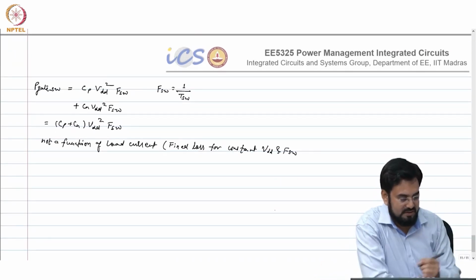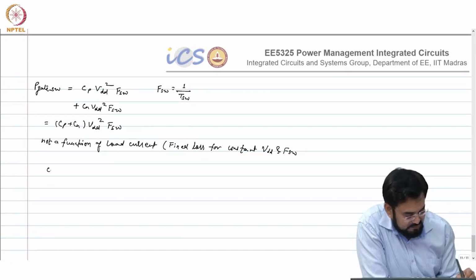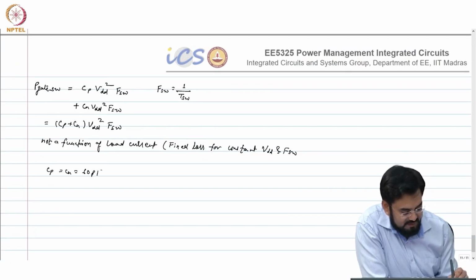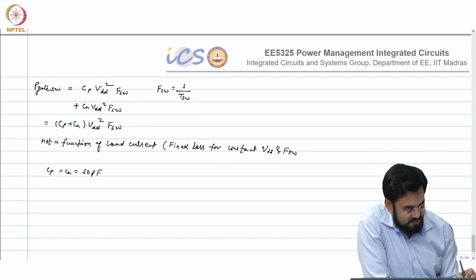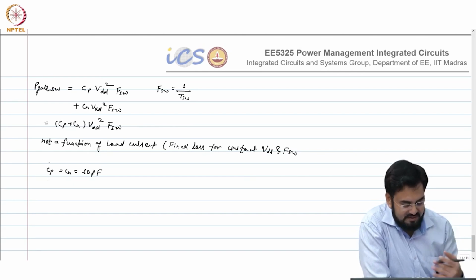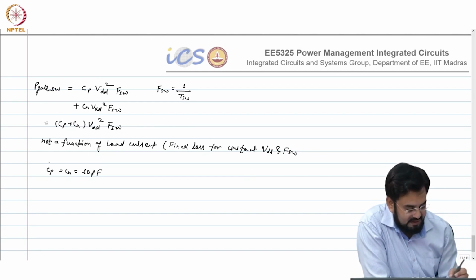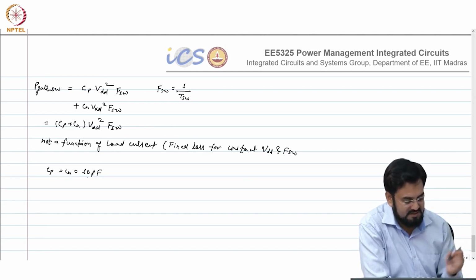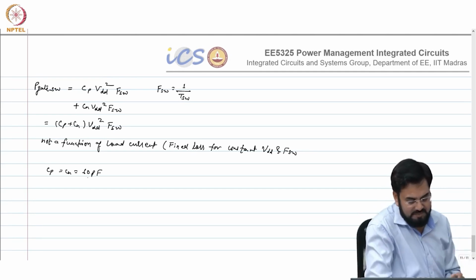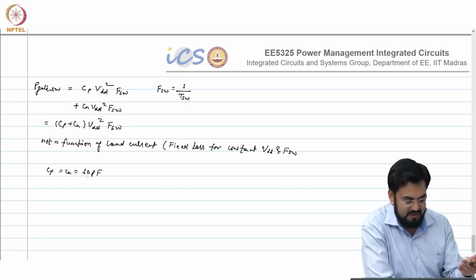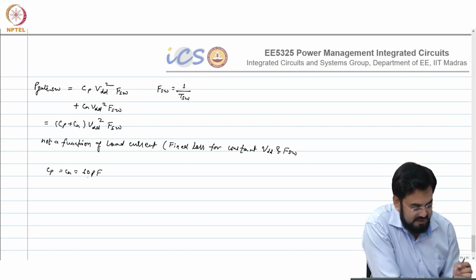Let's say your Cp equal to Cn equal to 10 picofarad. Okay, this is a hypothetical number, but when you size it, then you will know what exactly the number will come. But usually it comes on the order of 5 to 10 picofarad, depending upon your size, for 50 to 100 milliohms, so that will be pretty large actually.